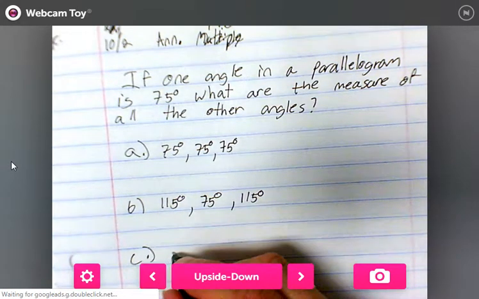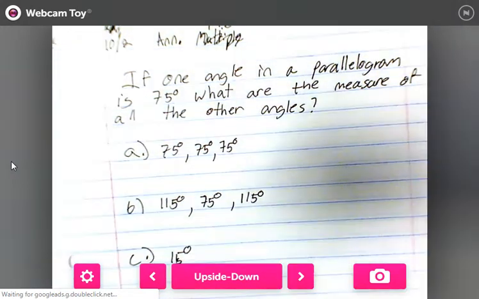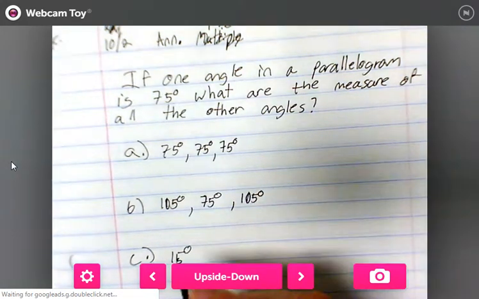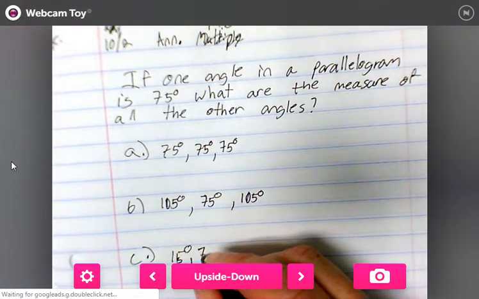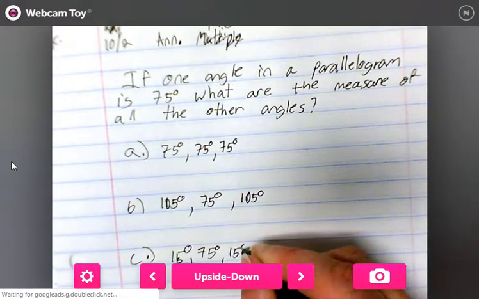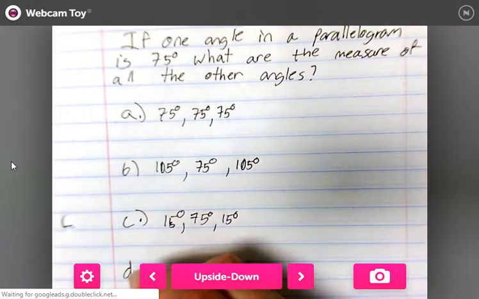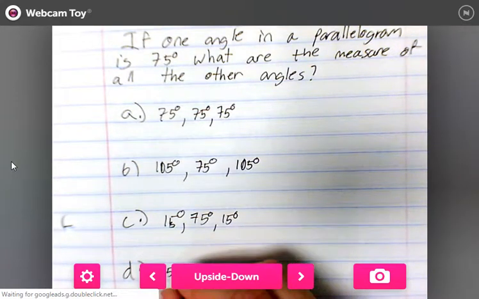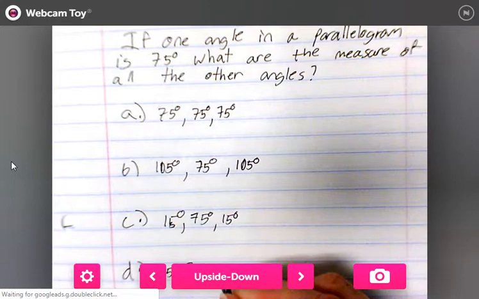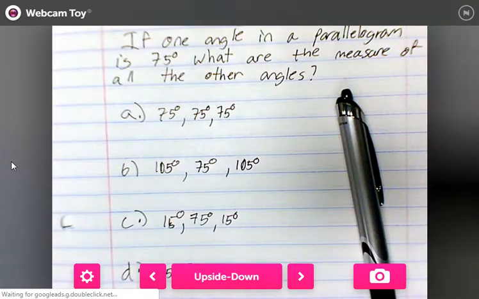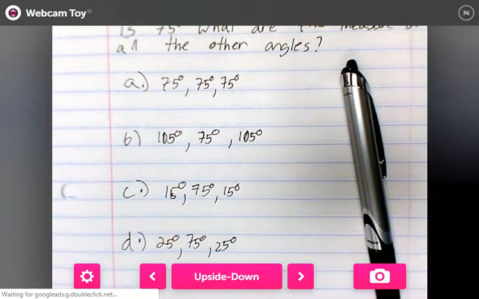We're going to write C, 15 degrees, 75 degrees, 15 degrees. And then we're going to have a big space and put D, 25 degrees, 75 degrees, 25 degrees. Okay. Like this? Okay.